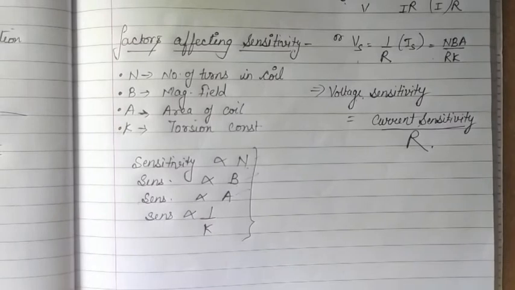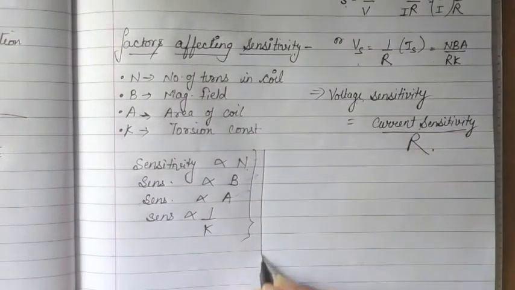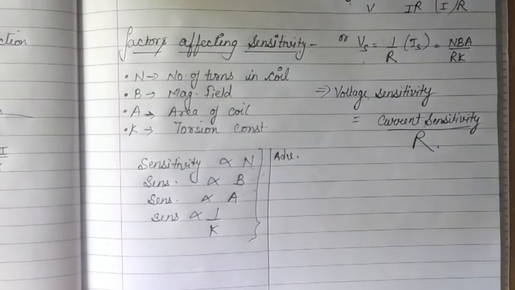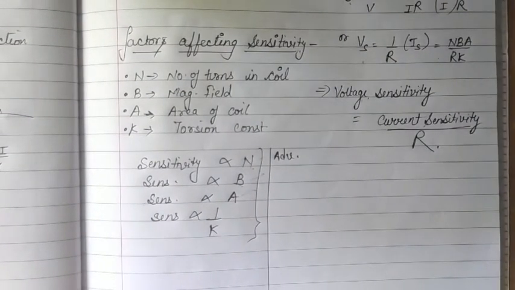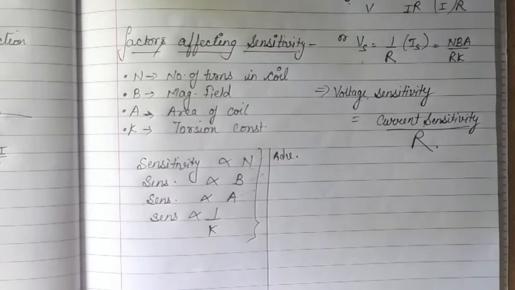Now come to the advantages of a moving coil galvanometer. In a moving coil galvanometer, we know that alpha is directly proportional to I. That means the deflection of the coil is proportional to the current passing through it.